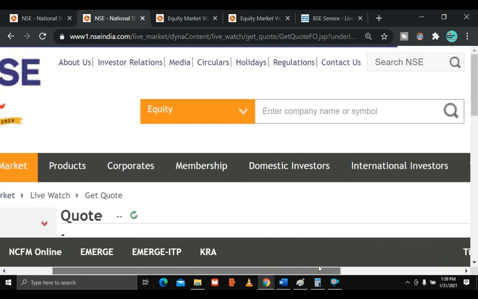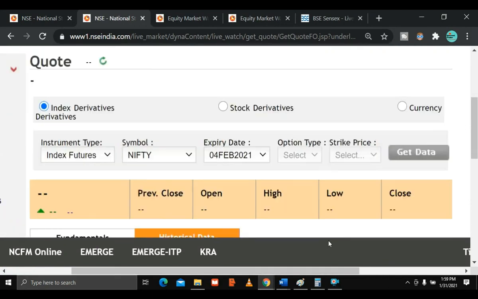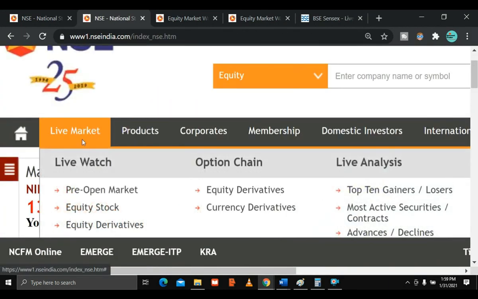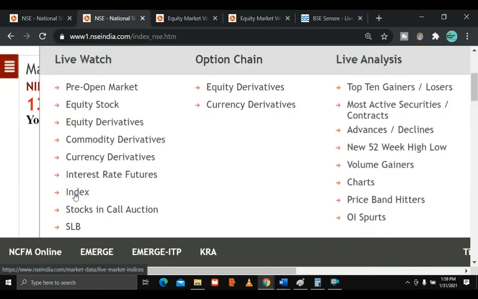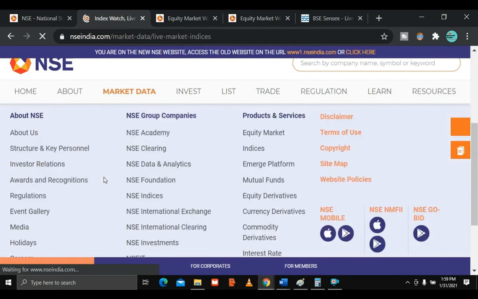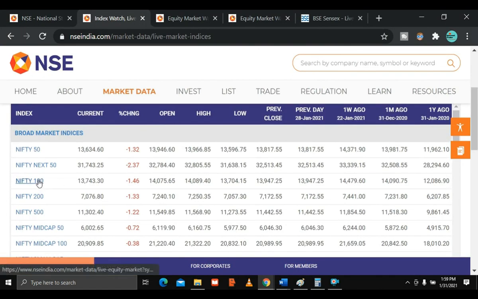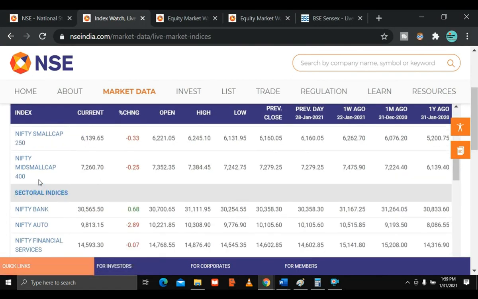It's not updated yet because it is a holiday, I think. So if I go back to index and take any index, for example Nifty Bank, Nifty Auto, let's take Nifty Auto.